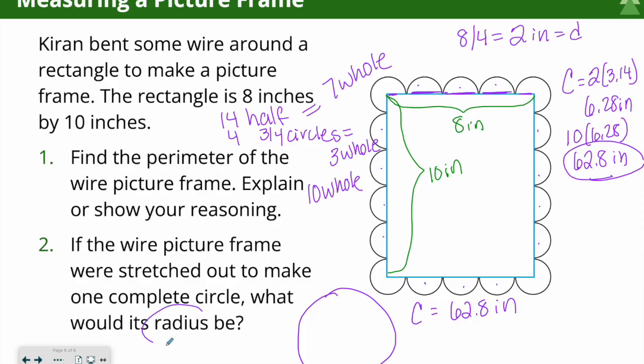They want us to find the radius. Well, I can find the diameter by doing 62.8 divided by 3.14 to get a diameter of 20 inches, and the radius is half the diameter, so the radius would be 10 inches.